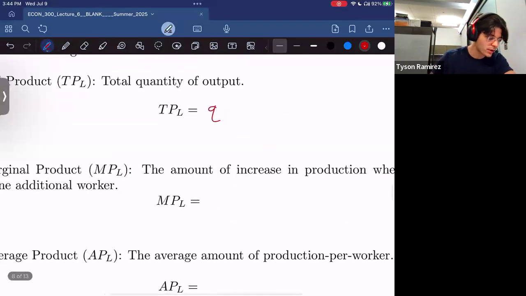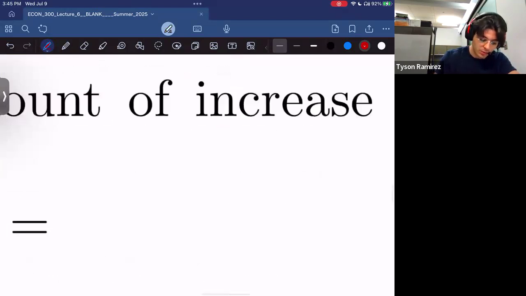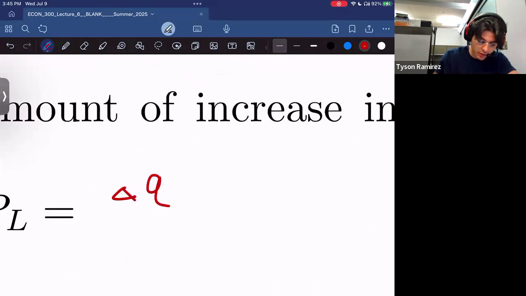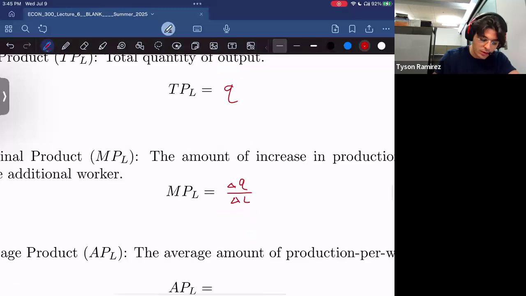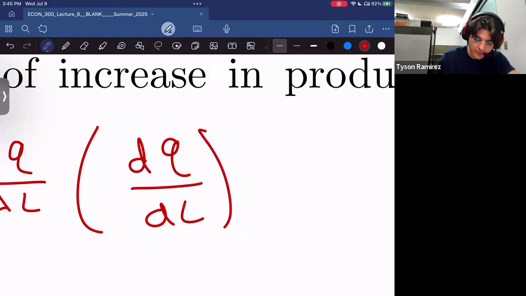The marginal product of labor is how much more stuff is produced when hiring one extra worker. So we might say that is the change in quantity with respect to the change in labor, or we could say dQ/dL with calculus.